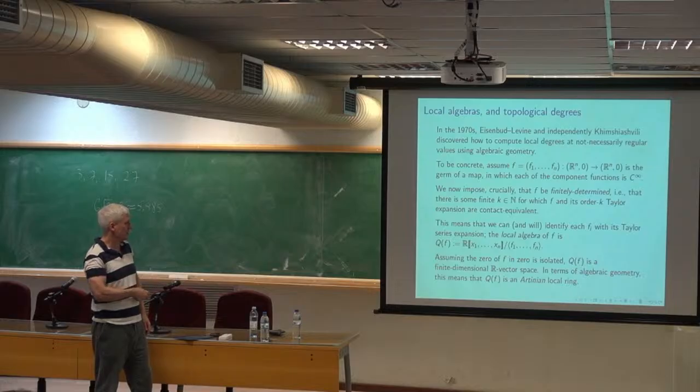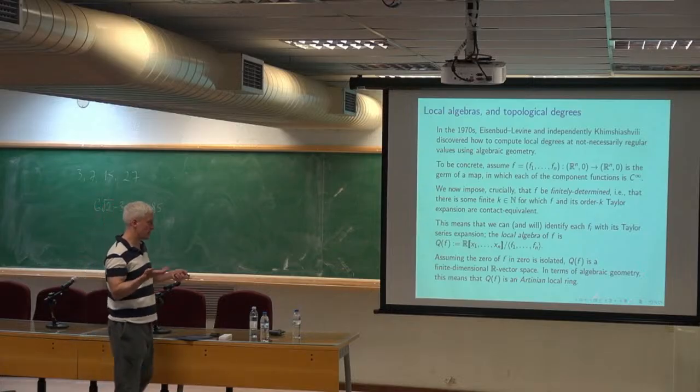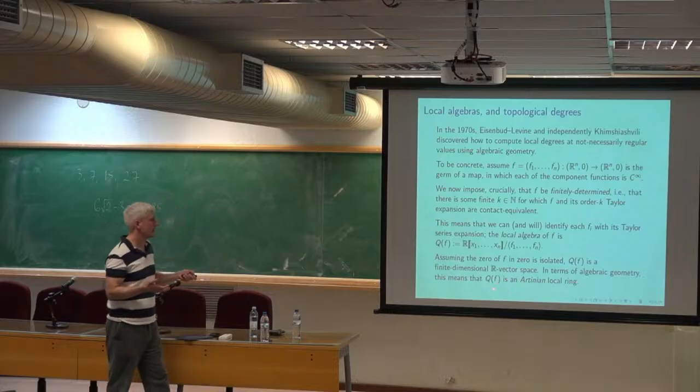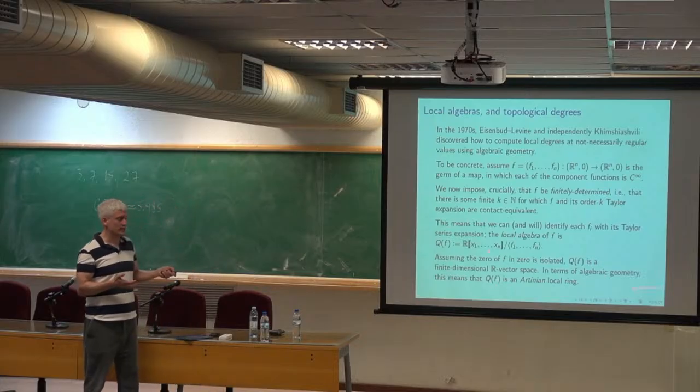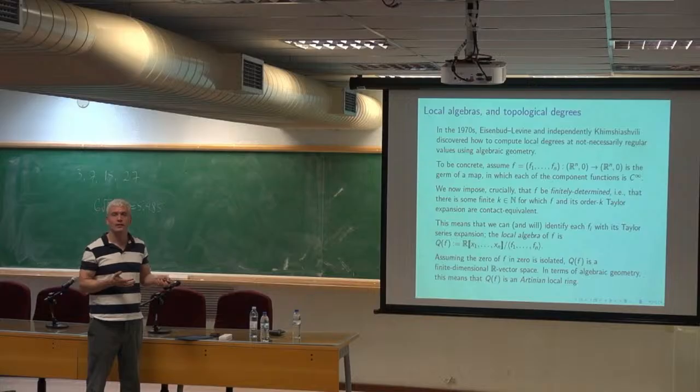Assuming that the zero of f at 0 is isolated, this local algebra attached to my mapping germ is a finite dimensional vector space over the real numbers. In terms of commutative algebra, this means exactly that the local algebra is an Artinian local ring, which I haven't talked about yet in the commutative algebra class, but we'll get to it soon.